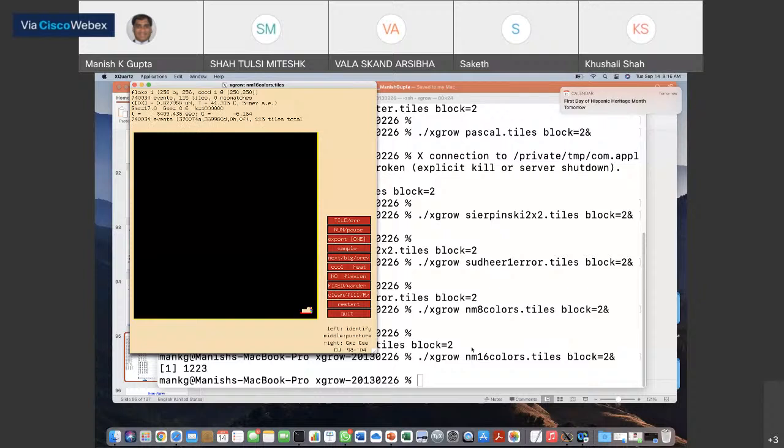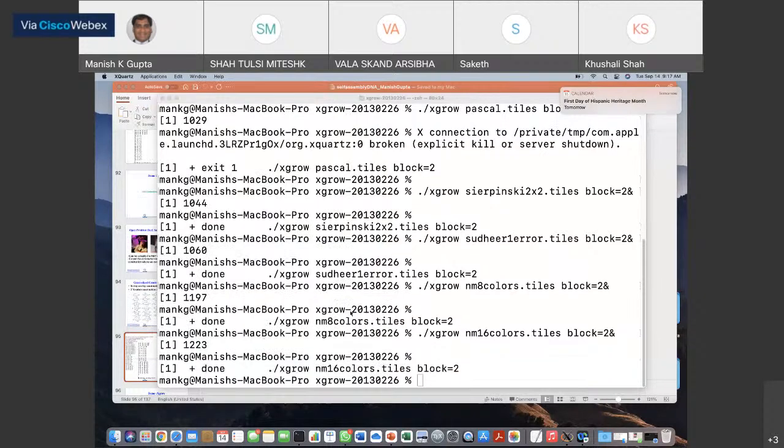Now you see the growth is a bit slow because more and more tiles are there, but there are no errors. This is for 16 color.